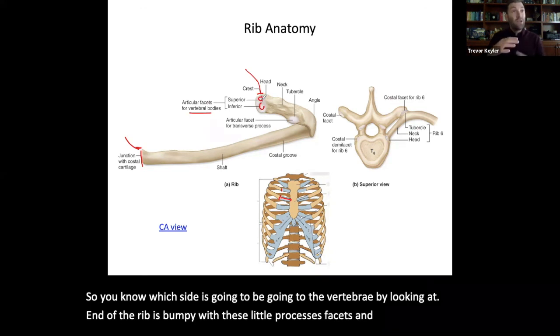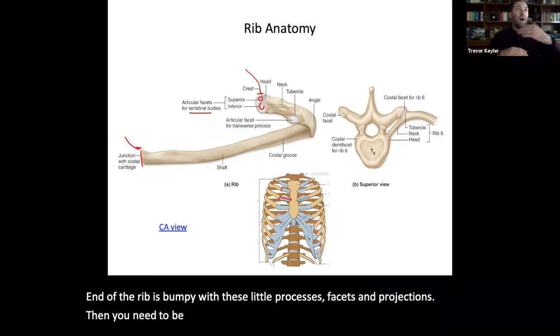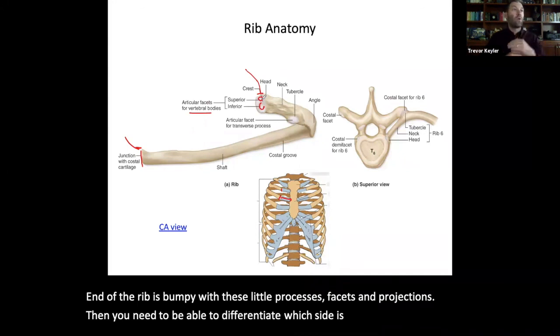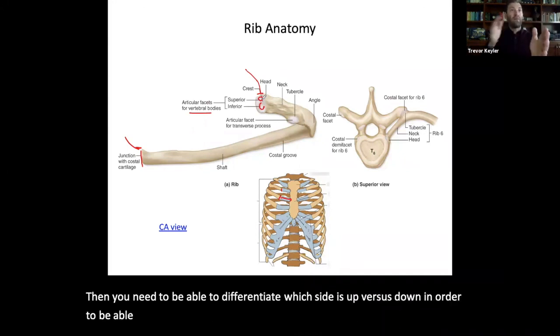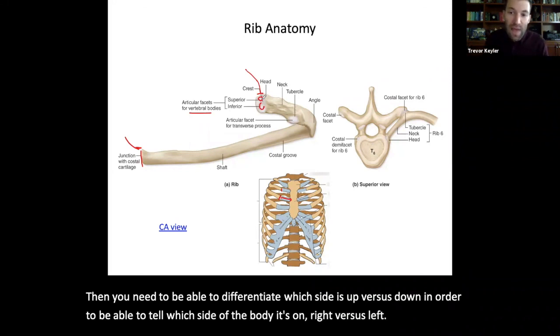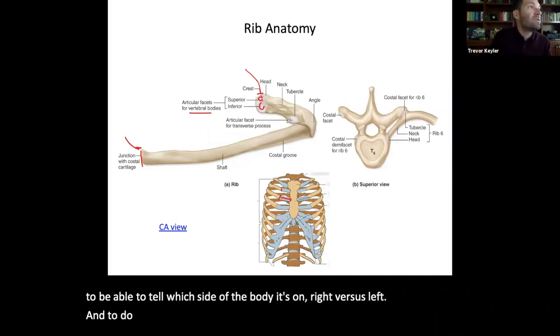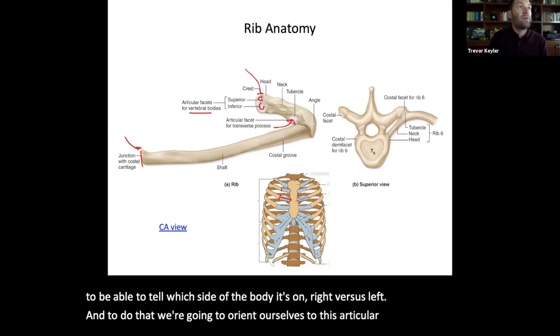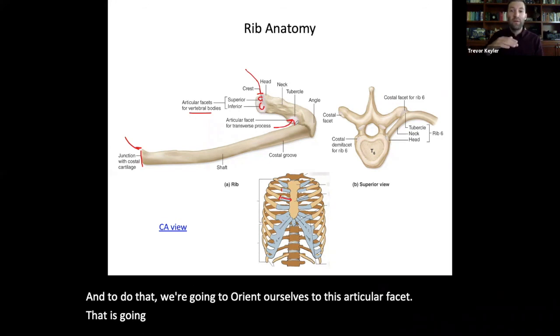Then you need to be able to differentiate which side is up versus down in order to tell which side of the body it's on, right versus left. To do that, we're going to orient ourselves to this articular facet. That is going to be on the inferior side of that bone.